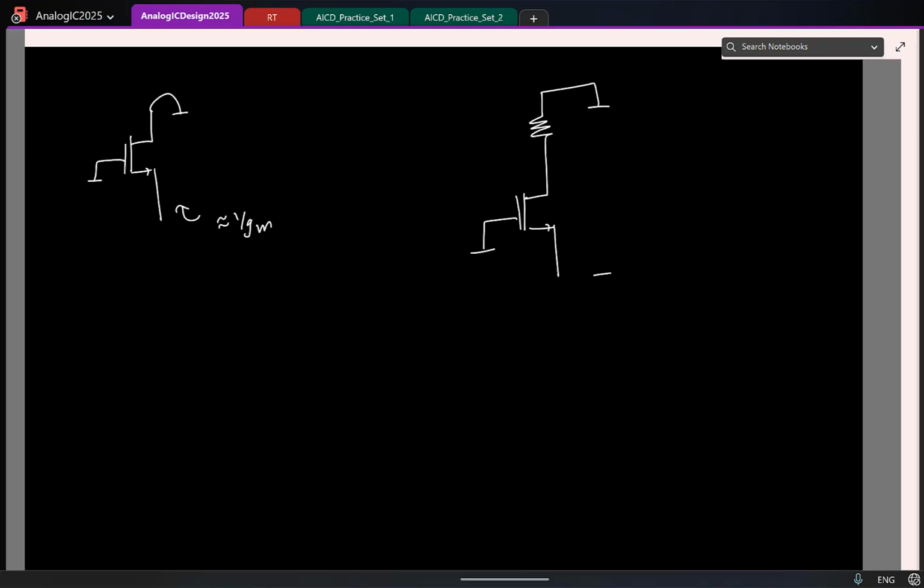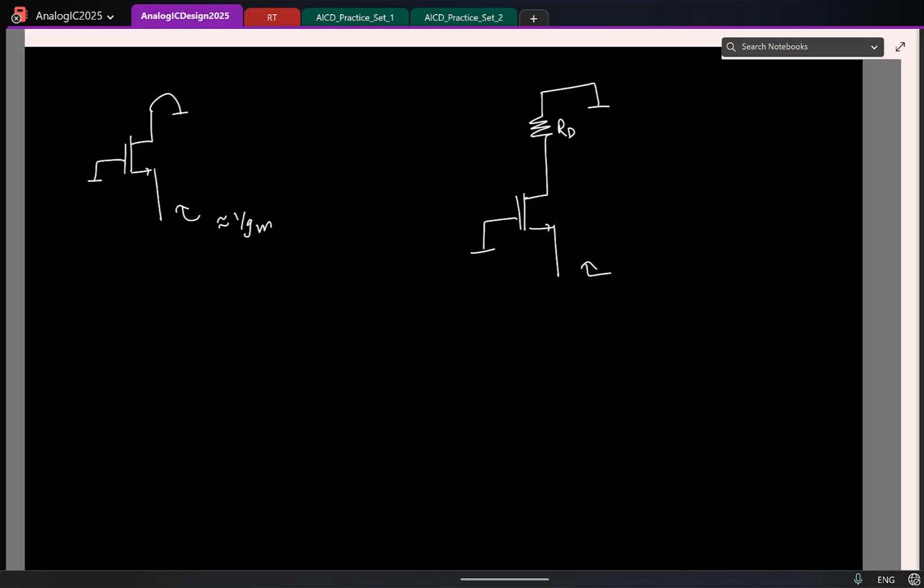I have RD. That should be obvious from this, because we already know that if gate and drain both are shorted to ground, it is 1 by gm. The moment I have RD here, these two will be at a different potential, so we cannot say. Only if gate and drain are roughly at the same potential, you can say that it's 1 by gm, correct?